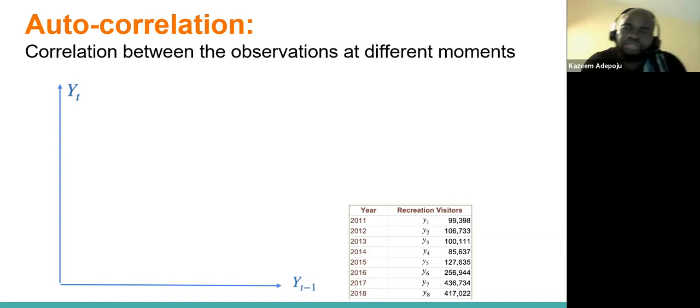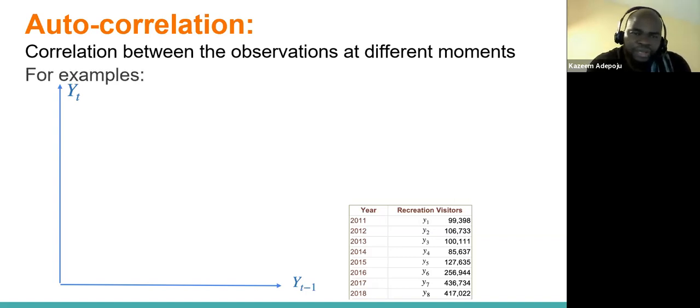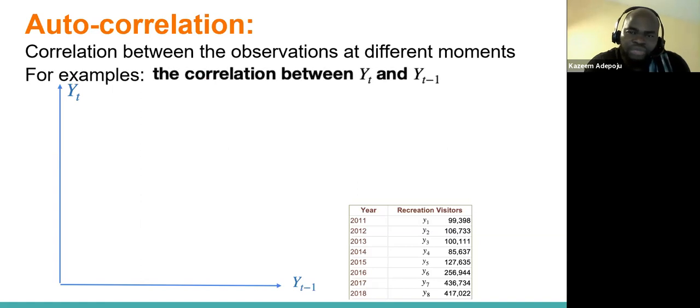But the autocorrelation that we are talking about right here, we want to look at the correlation between Y_t and the lag. There's a difference between them: this is the current time, the current data.